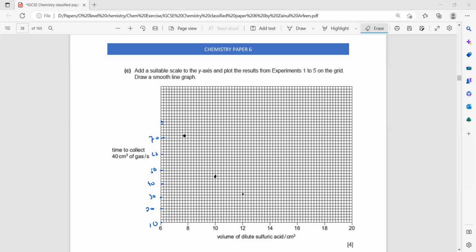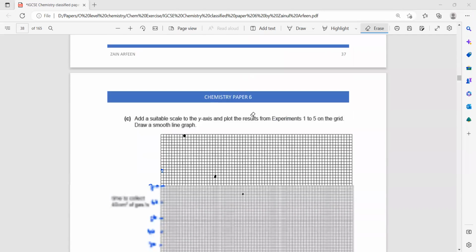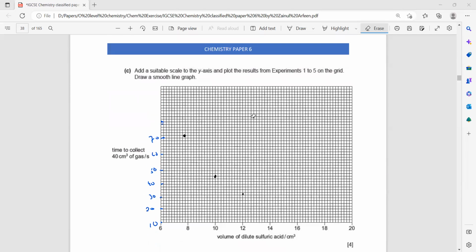Then 23 and 16. It was 8, 10, 12, 16 and 20. And at 20 it was 16, so 16 will be somewhere here. So we have to draw a smooth line graph.